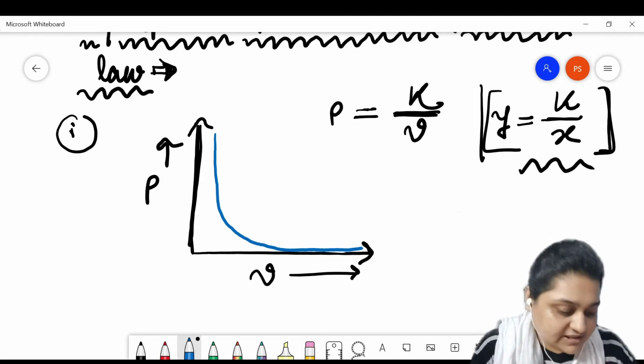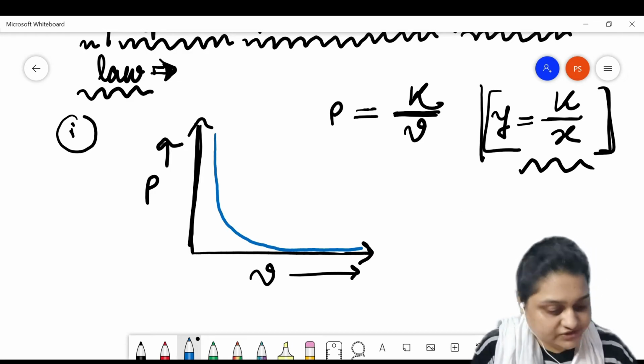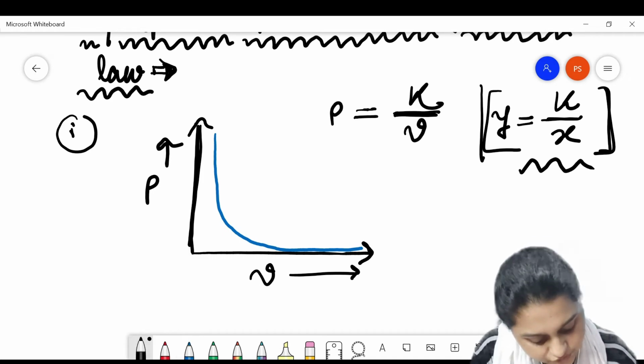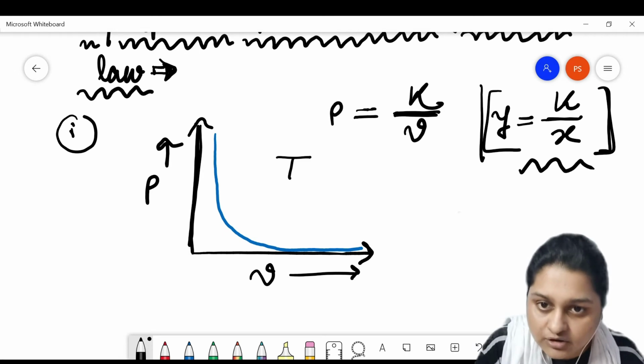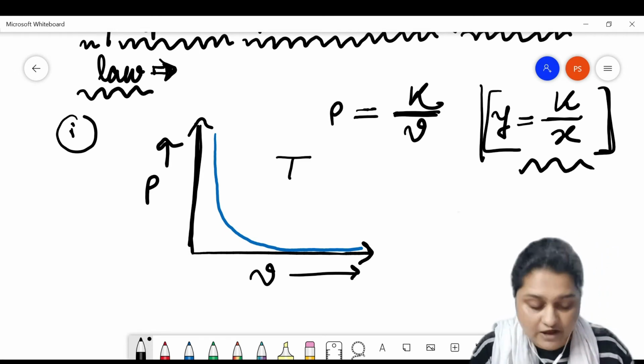This is what this plot is suggesting, and this plot is drawn at constant temperature for a certain amount of gas taken in a closed environment.